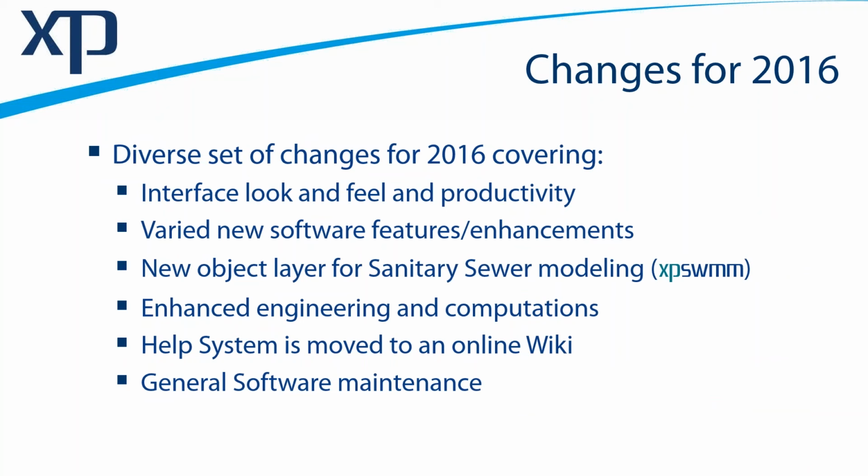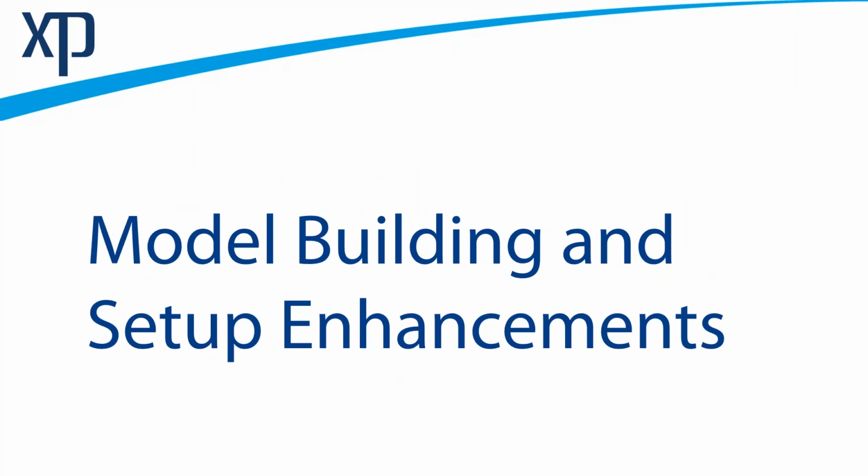So in the sanitary area, where Adam's going to talk to you about later in the webinar, there's a new layer of objects to support sanitary sewer modeling. Of course, we've enhanced the engineering and the computations that go on behind the scenes and within the interface and the analysis engine. We've moved the help to an online wiki system. There's several advantages about a wiki system, but we're going to talk more in the detail about these things later, and of course lots of general software maintenance.